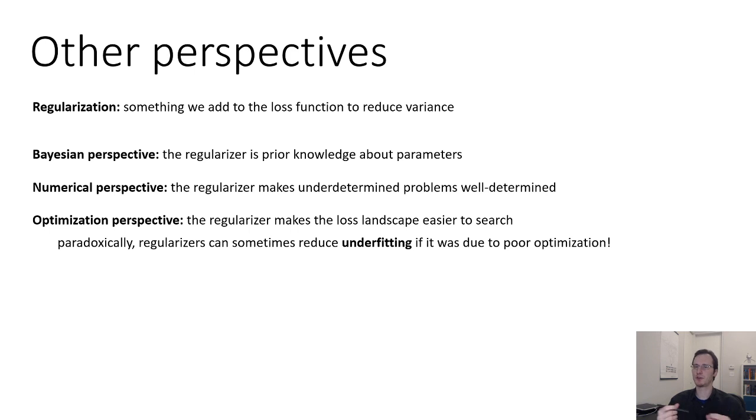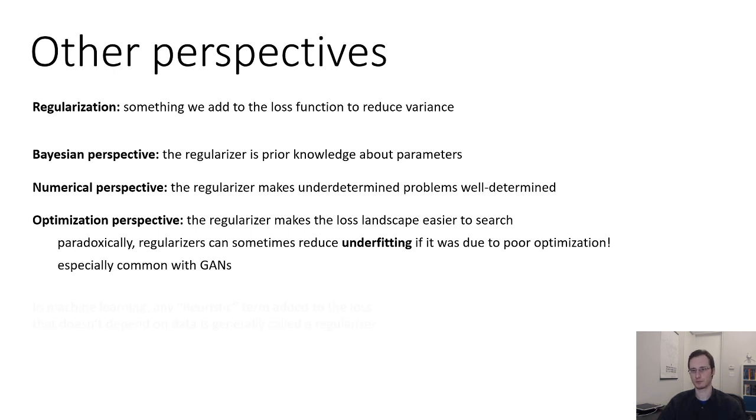And this is actually one of the ways in which deep learning can sometimes deviate from our conventional wisdom in shallow machine learning, because in deep learning, sometimes regularizers actually reduce underfitting rather than overfitting. This is especially common for models like GANs, generative adversarial networks, and we'll talk about that a lot more in a subsequent lecture. I just wanted to mention it now just so that you're aware that regularizers can play a variety of different roles.